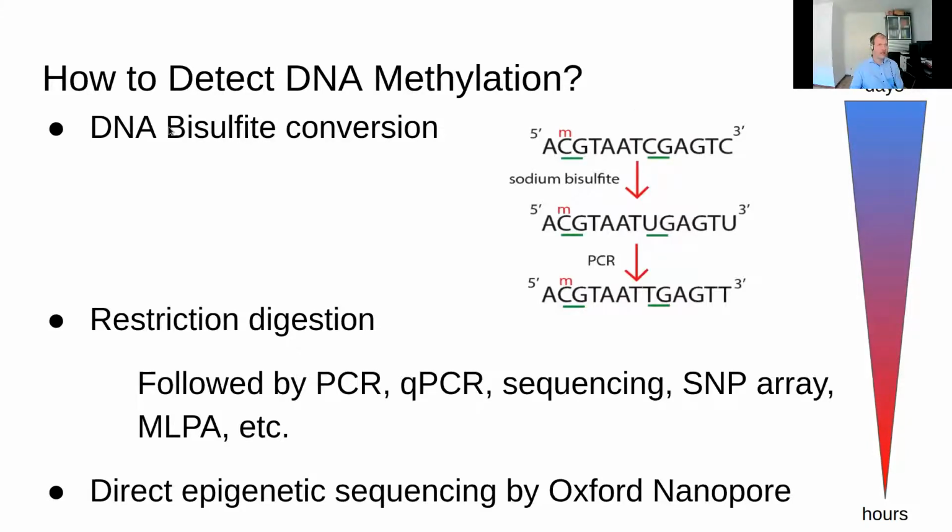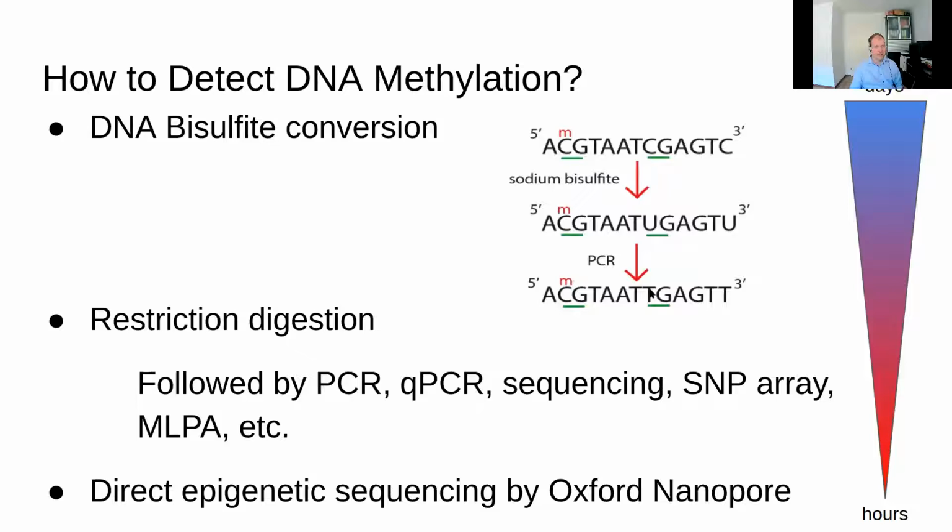So we could do DNA bisulfite conversion that converts methylated cytosine differently than unmethylated cytosine. So unmethylated cytosine gets changed in the end to uracil and then to thymine in a DNA molecule, and methylated cytosine is protected from this modification.